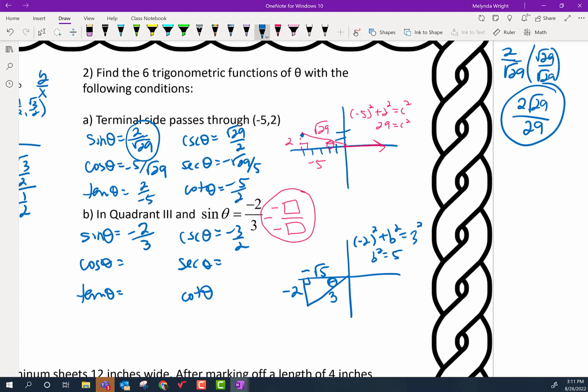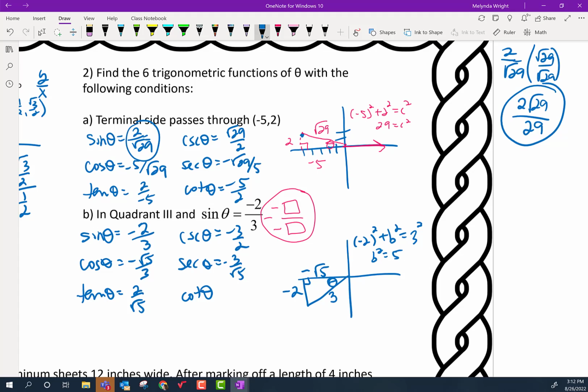Cosine is adjacent over hypotenuse. Secant, we flip it upside down. Tangent is opposite over adjacent, so it's going to be 2 over root 5 because the negatives cancel.